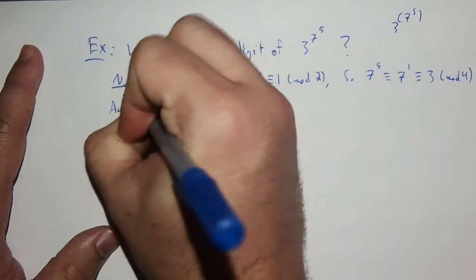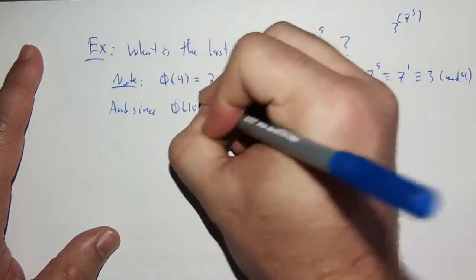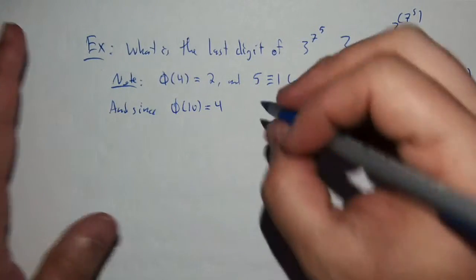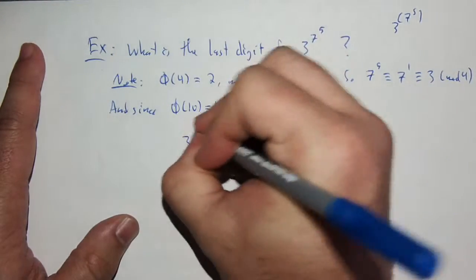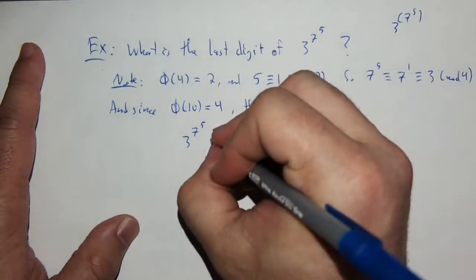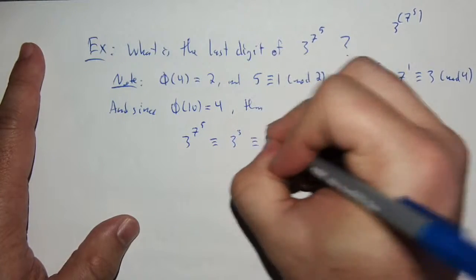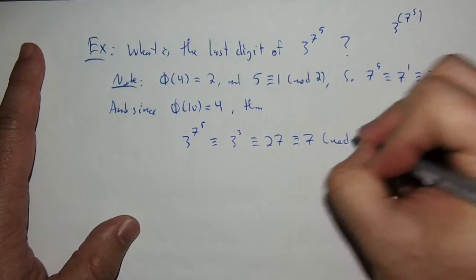And since phi of 10 is equal to 4, well, that's nice, then 3 to the 7 to the 5th is congruent to 3 to the 3, which is 27, which is 7 mod 10. Why?